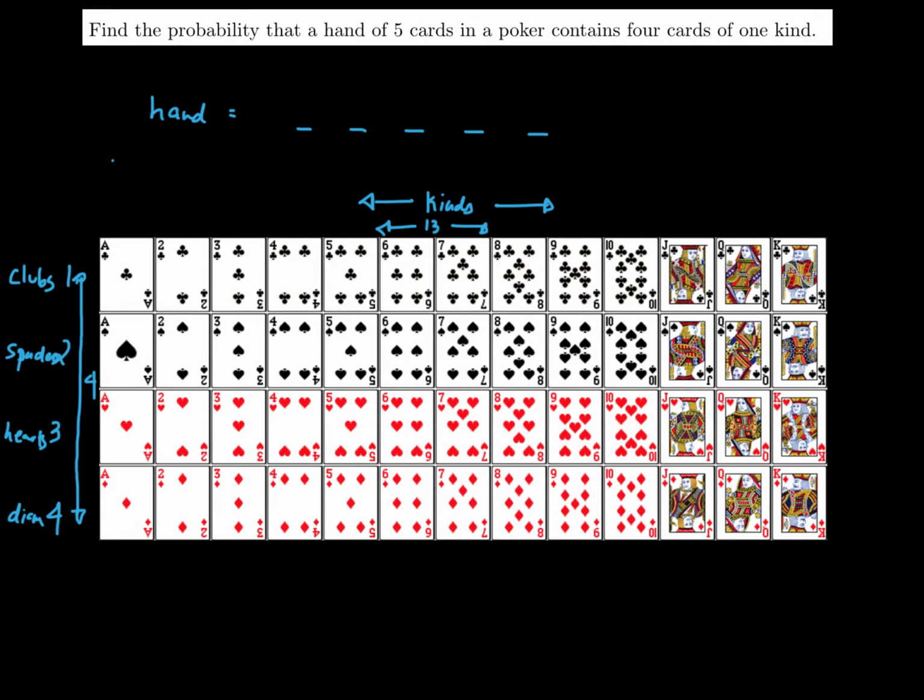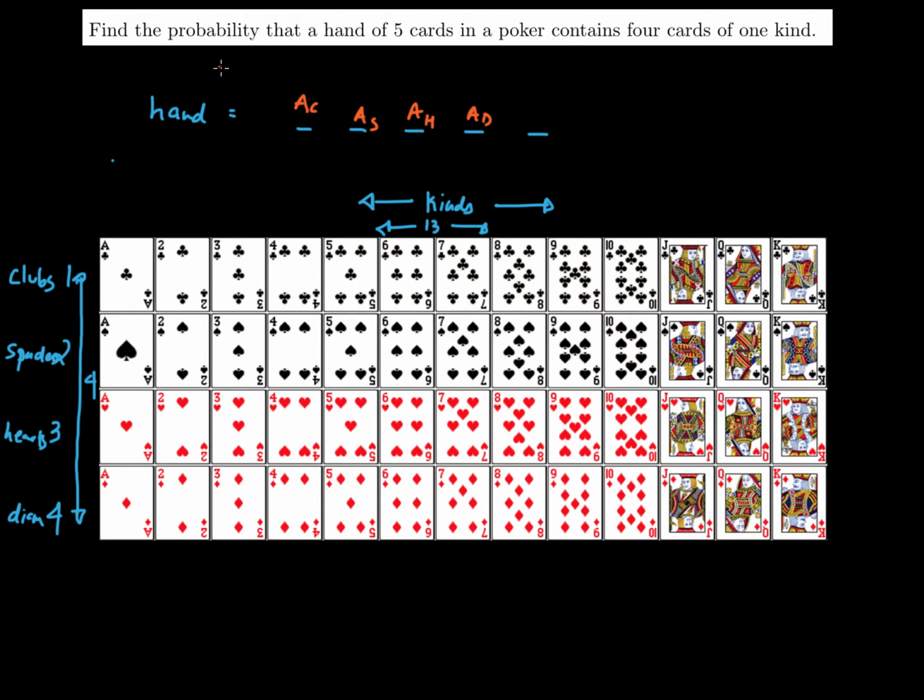So given this hand over here, let's just hard code certain values. Let's say I select the ace of clubs, ace of spades, ace of hearts, and ace of diamonds.